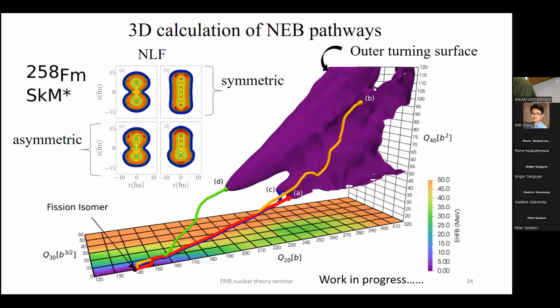This red line ends up at this point, and the corresponding surface is the outer turning surface. At this outer turning surface there is localization, and this yellow line is an elongated mode, which means it has higher Q40, so it gives this elongated shape.